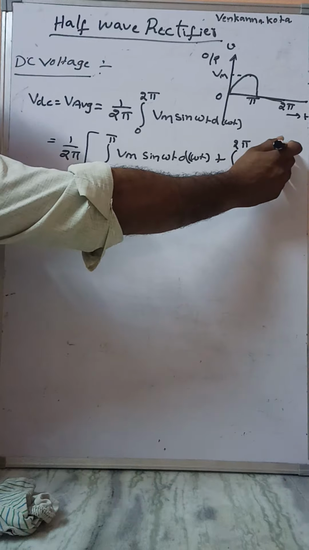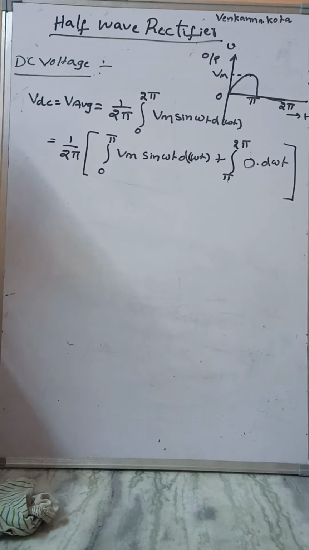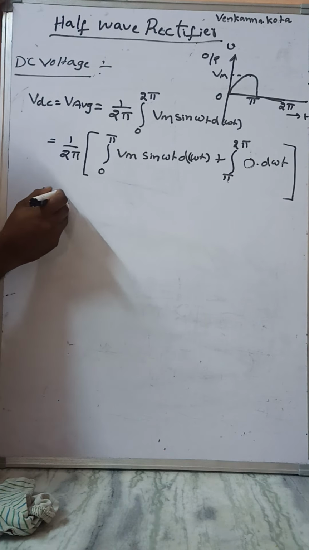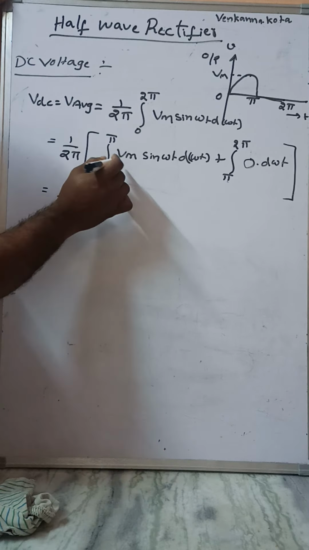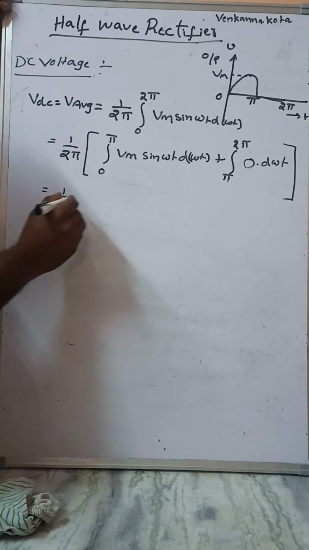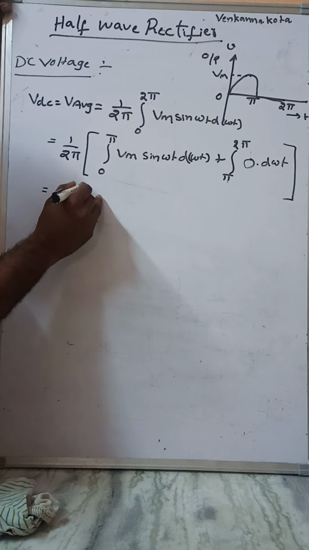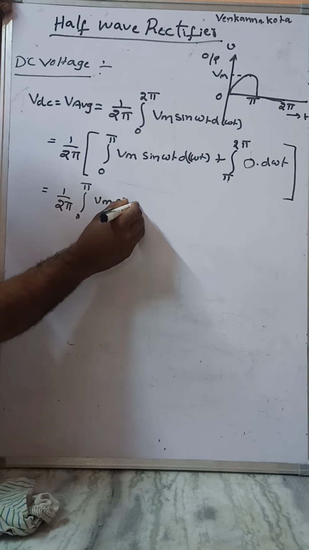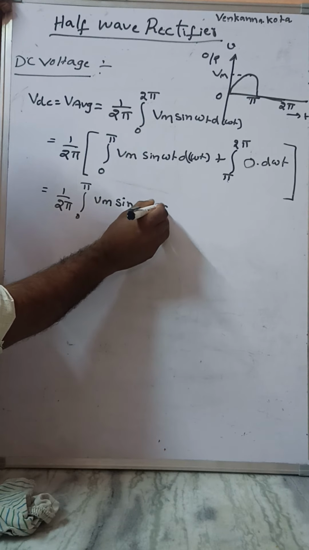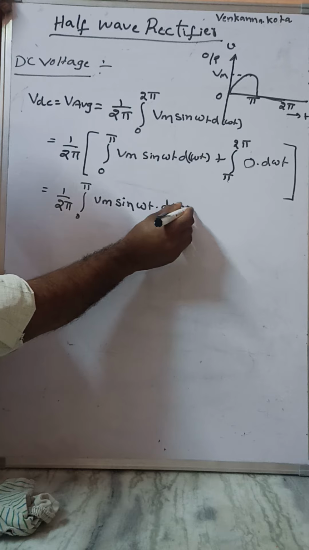So then, like this, 1 by 2 pi, this portion was only present, integration 0 to pi Vm sin omega t d omega t.